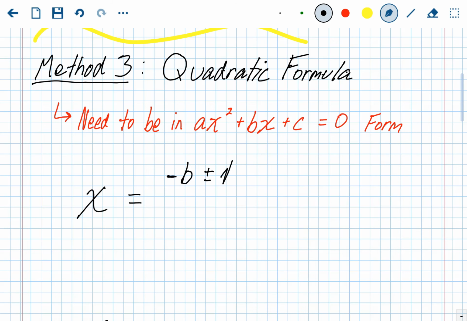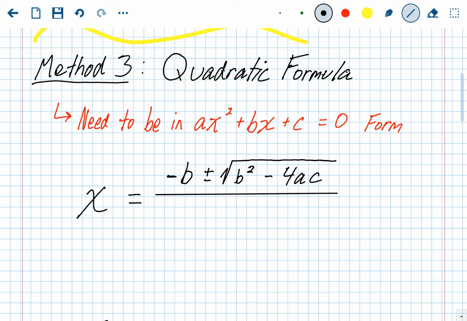The quadratic formula is x equals the opposite of b, or negative b, plus or minus a big square root, and under the square root is b squared minus 4ac. That's the top. The bottom is simply 2 times a.